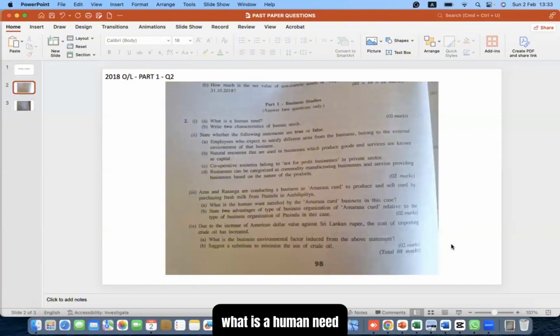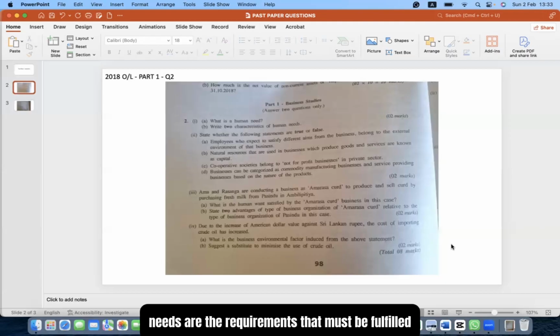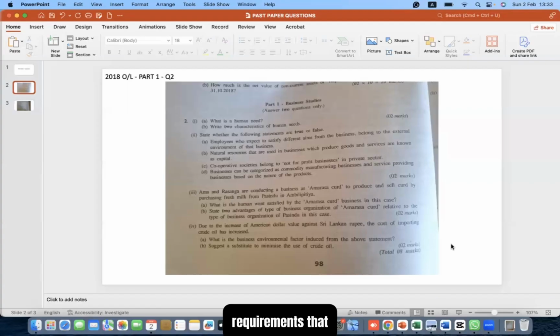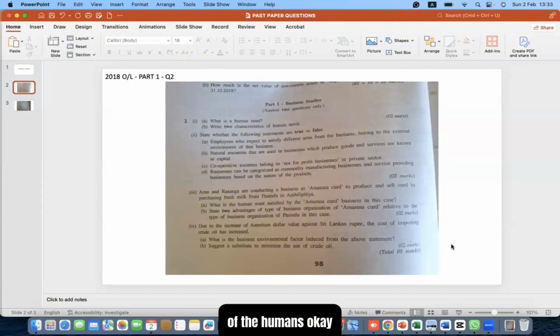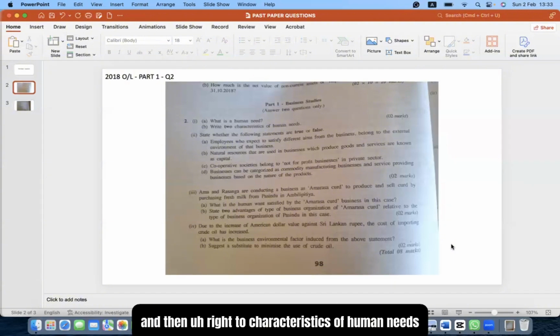What is a human need? Human needs are the requirements that must be fulfilled essentially for the existence of humans. Then, write two characteristics of human needs.